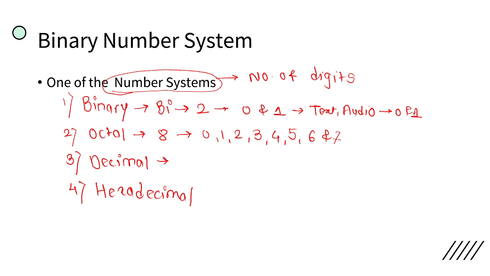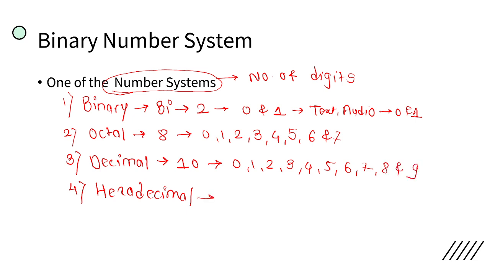Similarly, decimal has 10 digits or characters to represent its data or numbers. Those are 0, 1, 2, 3, 4, 5, 6, 7, 8 and 9.